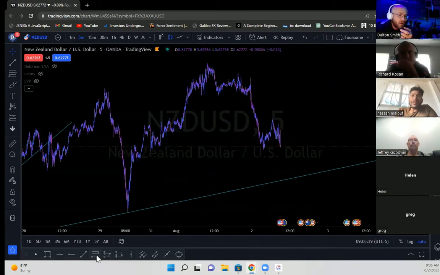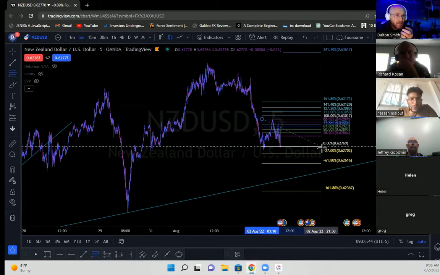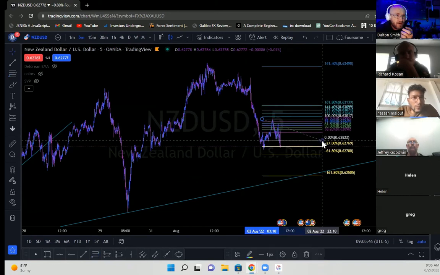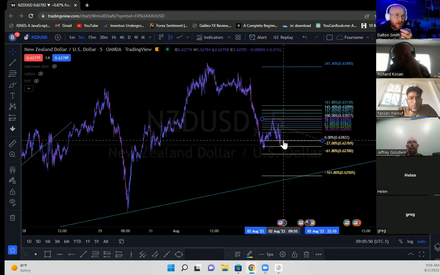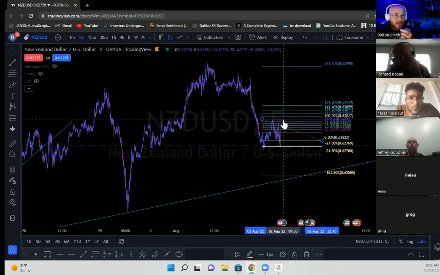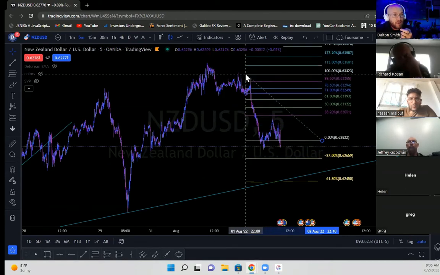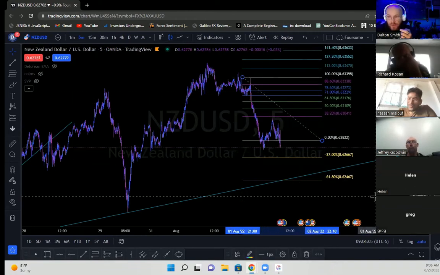So like right here, when we get off the phone, I'm going to pull this Fibonacci here, and I'm going to look for this to hit the 27, and then come back up and then go back down again. If for some reason this 100% line gets busted, I'm just going to take this, move it up to here, and then look for this to reverse all the way up to the 78 and then continue down.